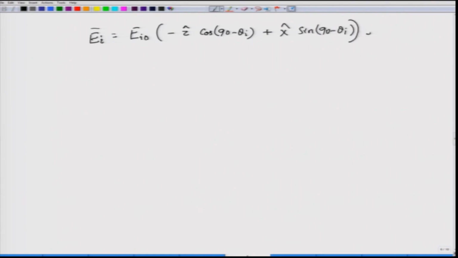You need to now multiply this one with the phase factor e to the power minus j Ki dot r, where Ki dot r will be equal to Ki0 times z cos theta I plus x sin theta I. Why?